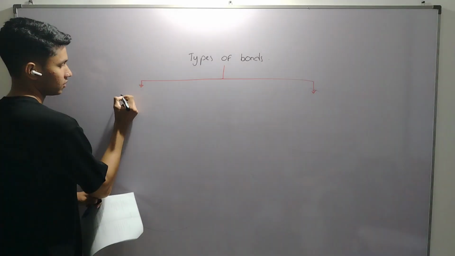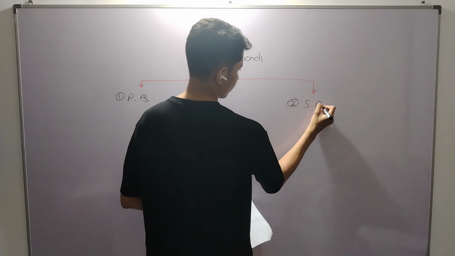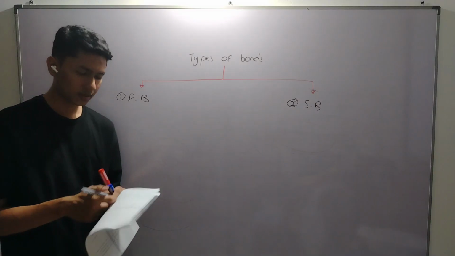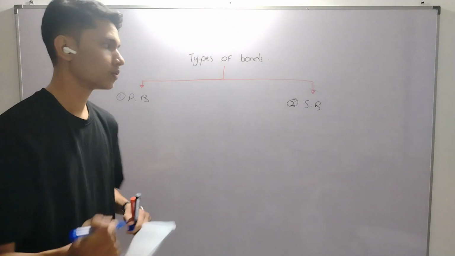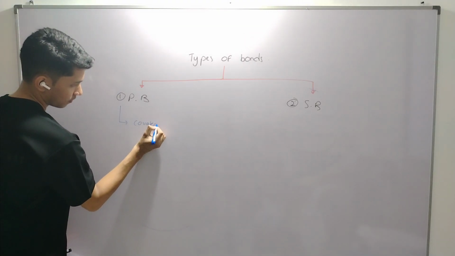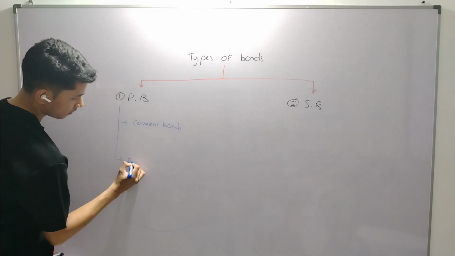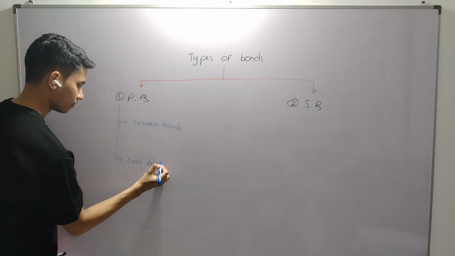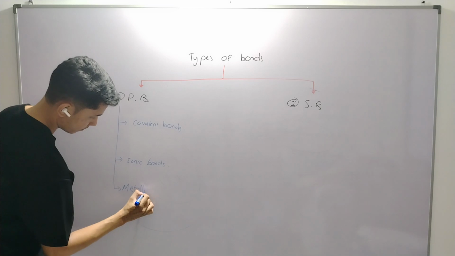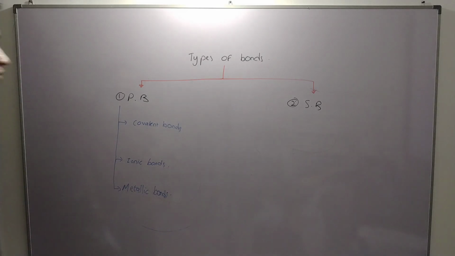Primary bonds, secondary bonds. Now, I will divide the primary bonds topic into 3 subtopics: covalent bonds, ionic bonds, metallic bonds.